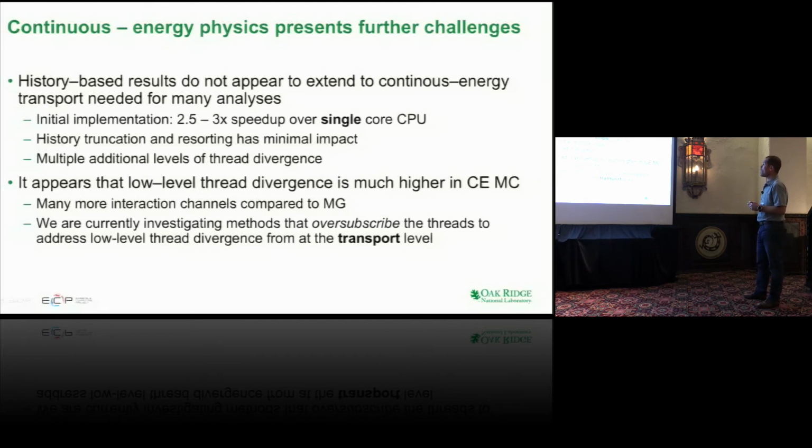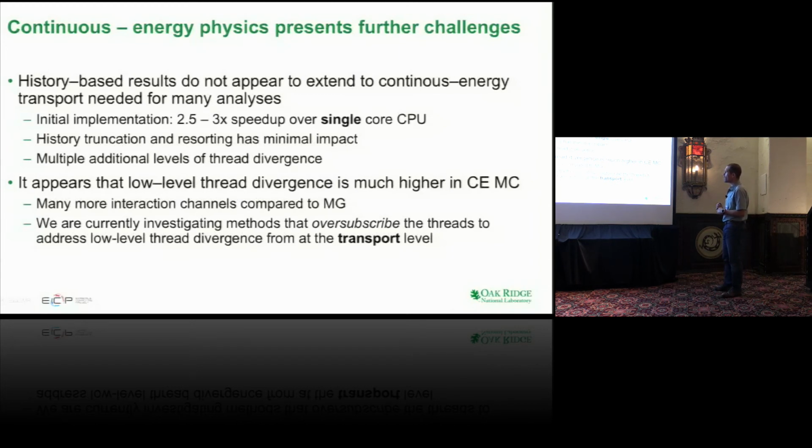Remember I showed you all that complicated energy structure? This work was done using a reduced order approximation that we call multi-group, where we break that into a couple of groups. When we go into the real detailed energy structure, it creates even further challenges.